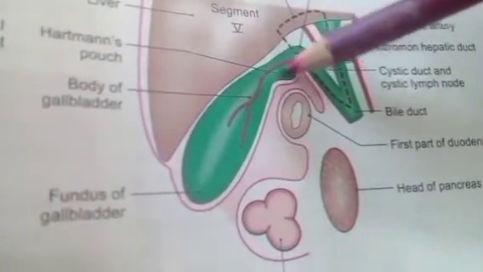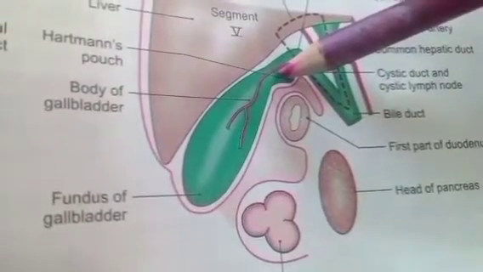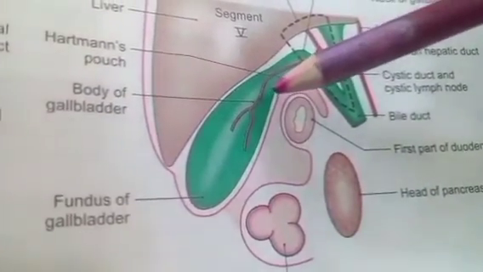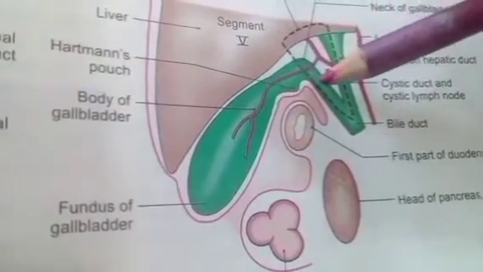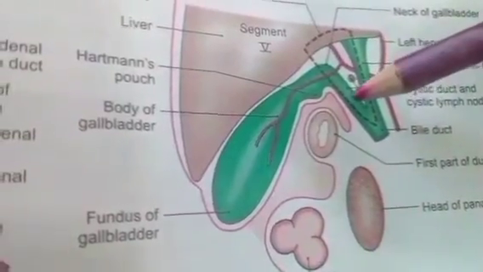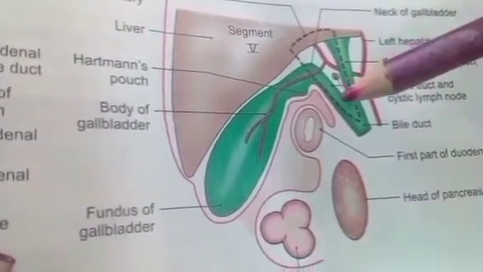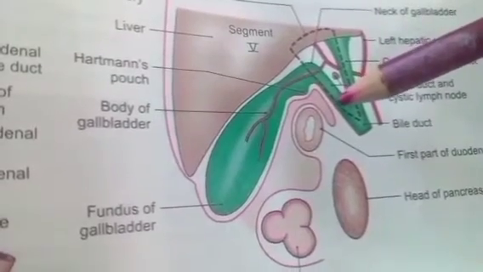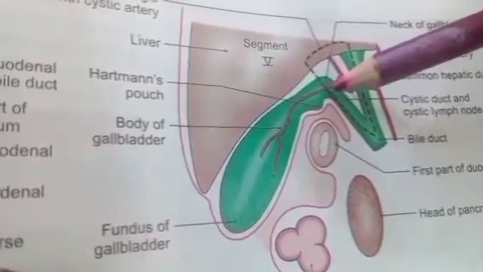The neck is the narrow upper end of the gallbladder. It first runs anterosuperiorly and then runs posteroinferiorly to become continuous with the cystic duct. The junction of the neck with the cystic duct is marked by a constriction.